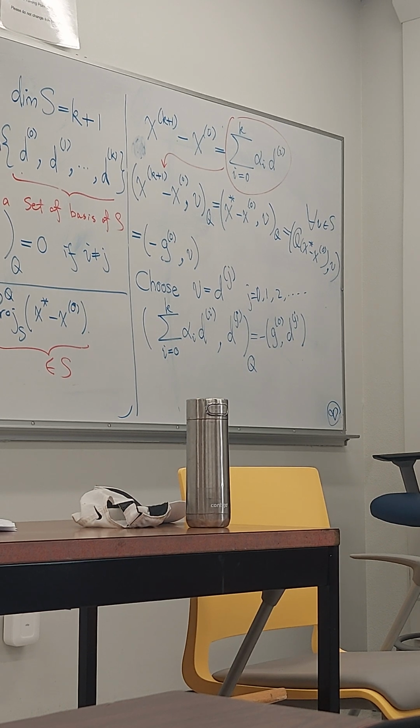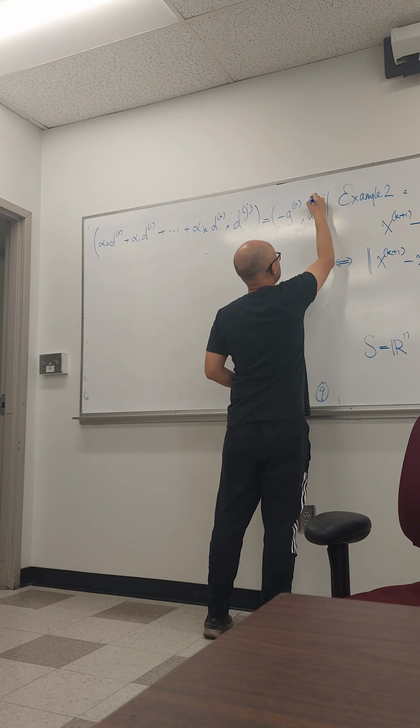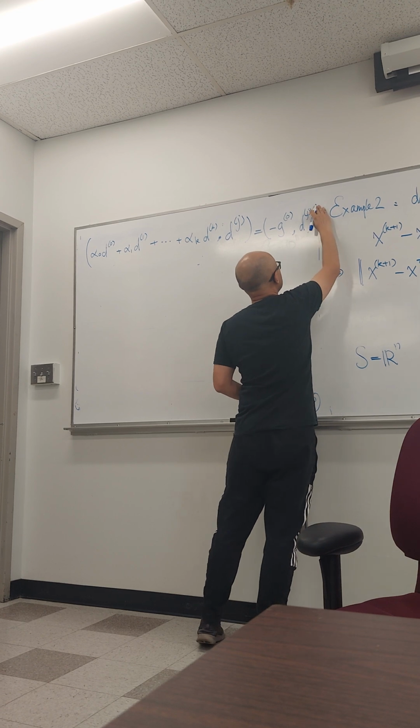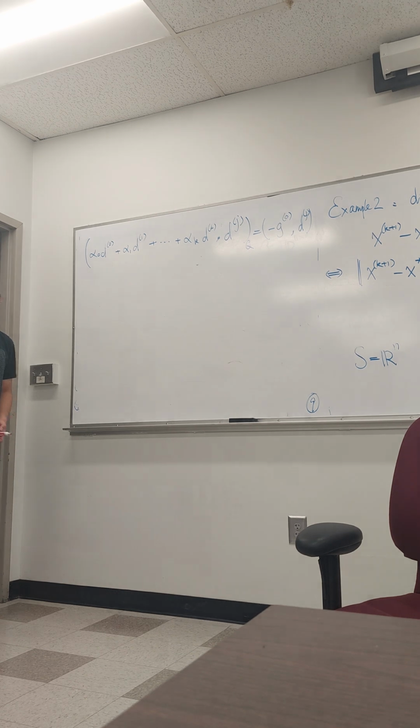We have alpha 0 d0, plus alpha 1 d1 plus alpha k dk, inner product against dj, equals negative the gradient at the first iteration inner product against dj. This is the Q inner product, but the second one is the L2 inner product.